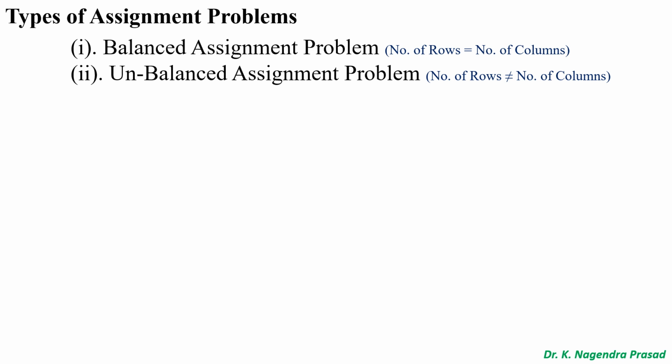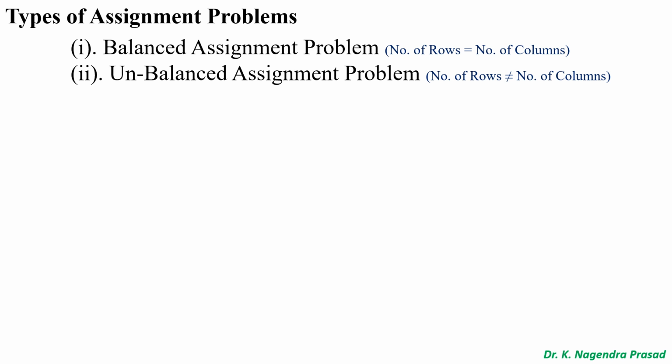There are two types of assignment problems. One is the balanced assignment problem, another is the unbalanced assignment problem. When the number of rows equals the number of columns, we call it the balanced assignment problem. If the given problem is a square matrix, we say it is a balanced assignment problem.